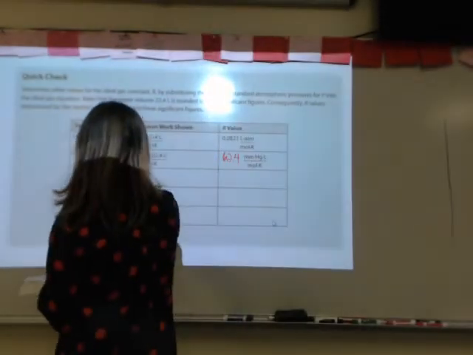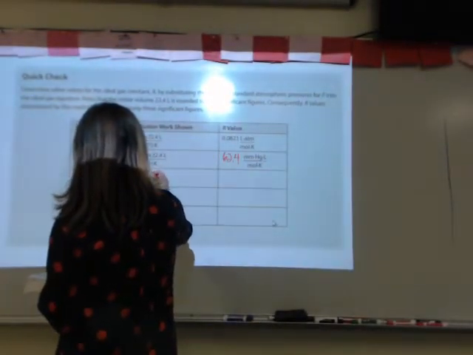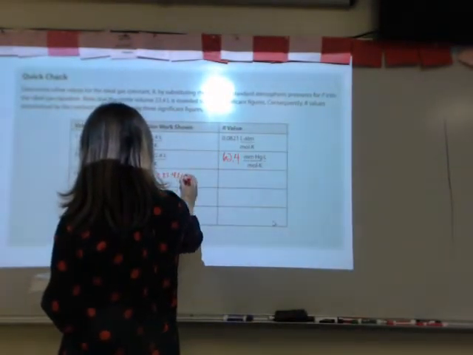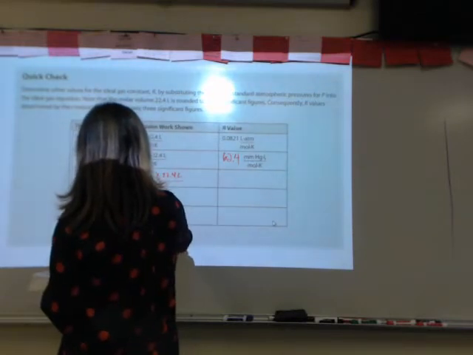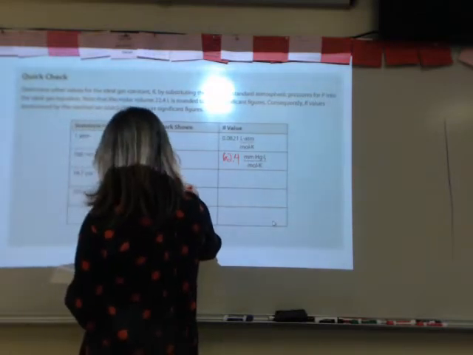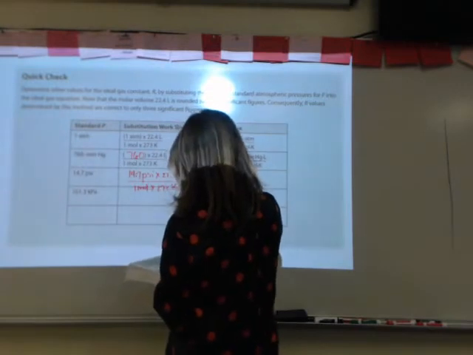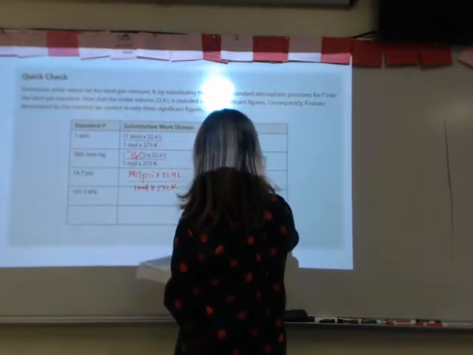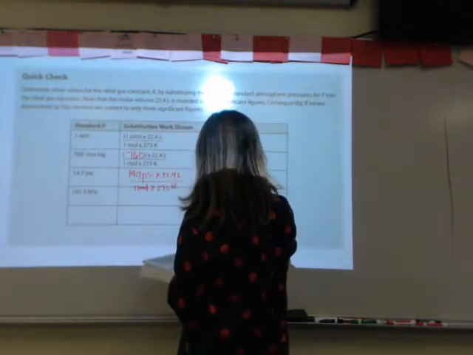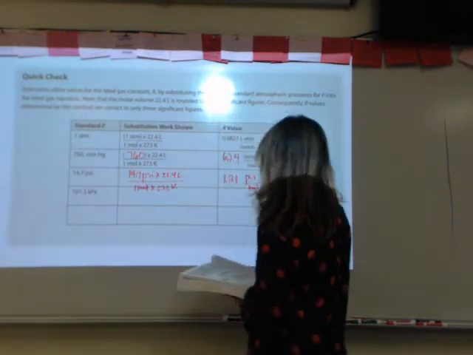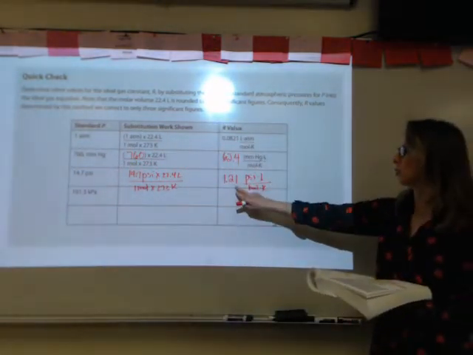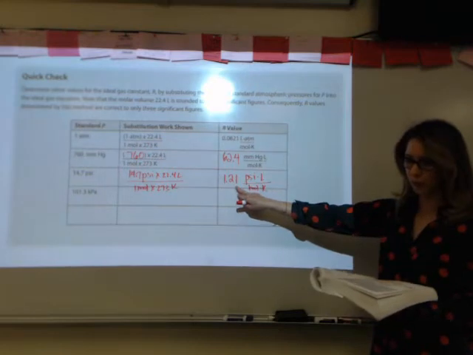If your pressure is in PSI, then you would substitute that 14.7 in. You're going to get 1.21 PSI times liters over mole times Kelvin. So this is the R value that you would use.